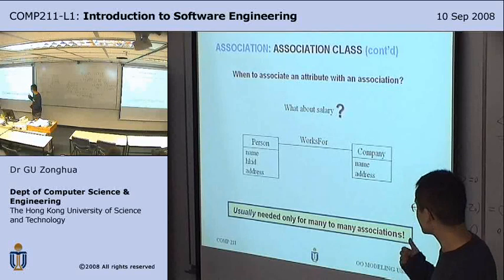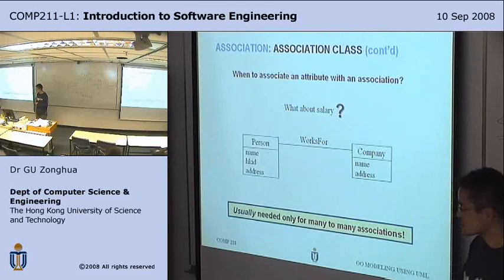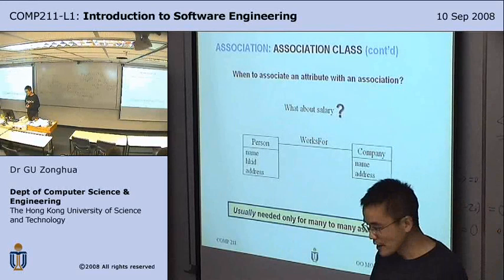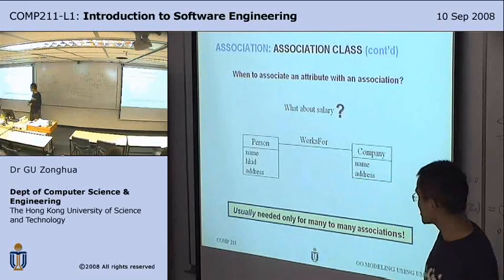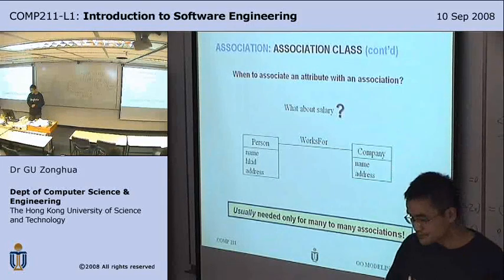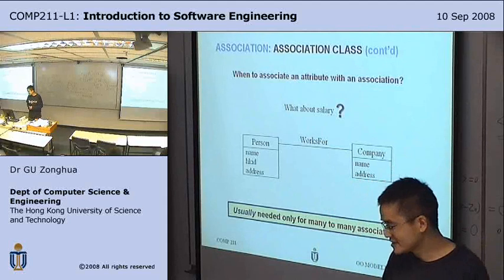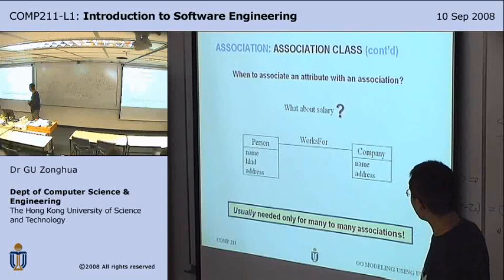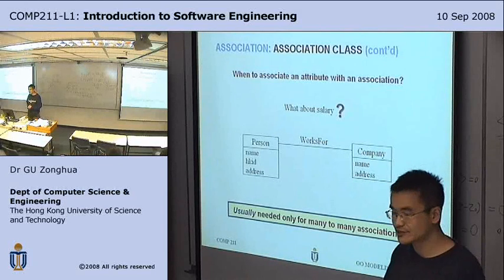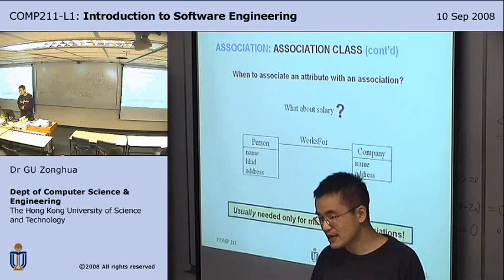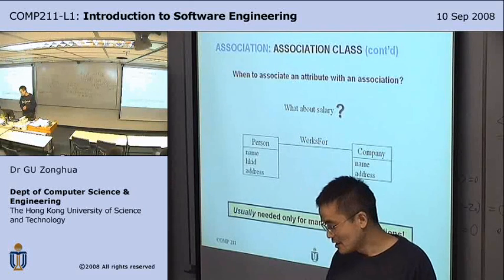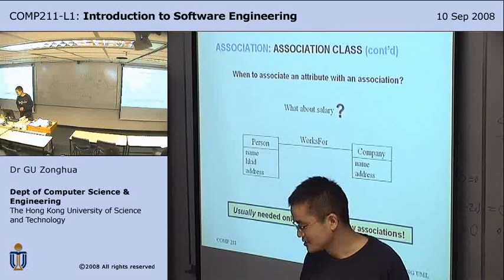For this example, if a person only works for one company, then you can put the salary into the person class. You can have an association class to store the salary attribute, but it only adds to the complexity, which is really unnecessary.